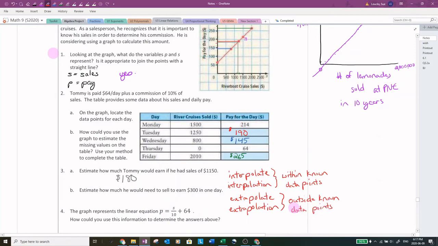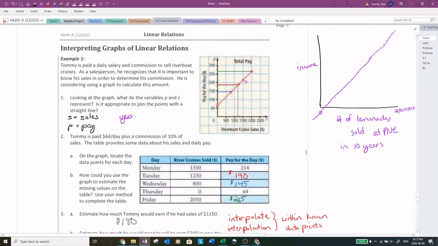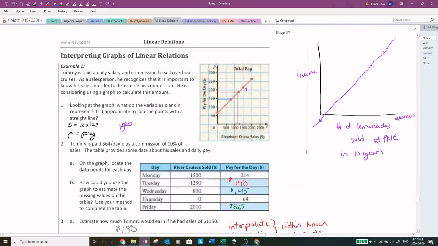Okay, so before I can extrapolate, I have to ask: does it make sense that the pattern shown by the data extends past the last data point that we have? Is it reasonable that the point for getting paid $300 is going to be on the same graph?